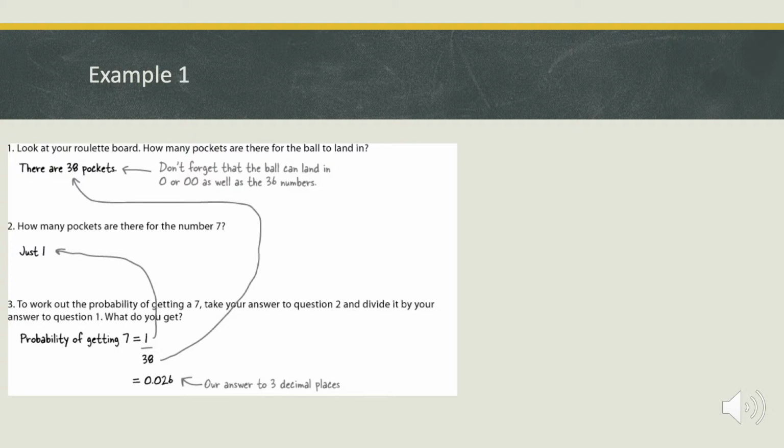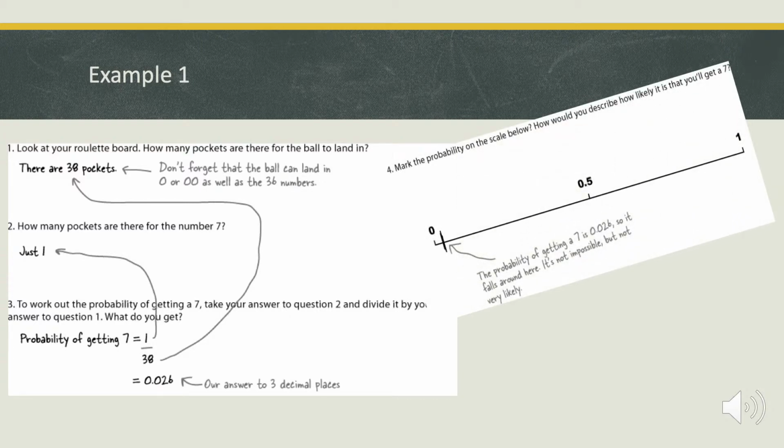To work out the probability of getting a number 7, it would be 1 over 38. The answer is 0.026. On a scale of measuring probability, the probability of getting 7 is 0.026, so it would fall around here. It's not impossible, but not very likely. 1 out of 38 chances.